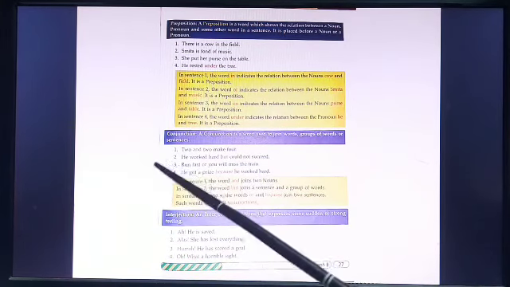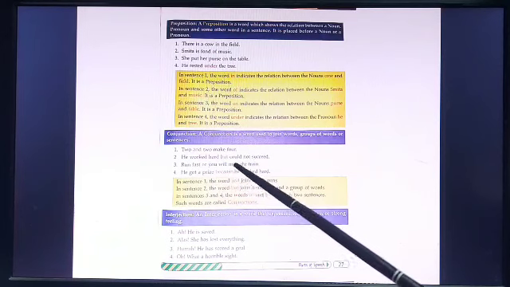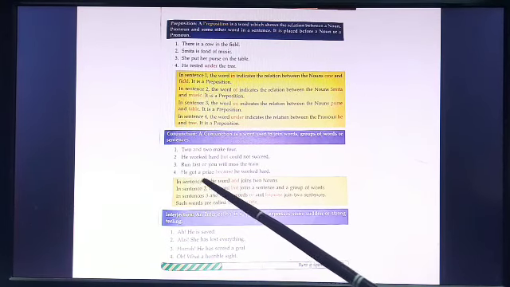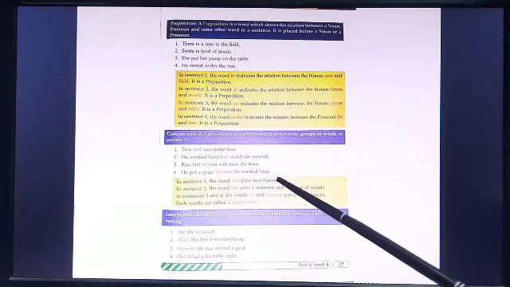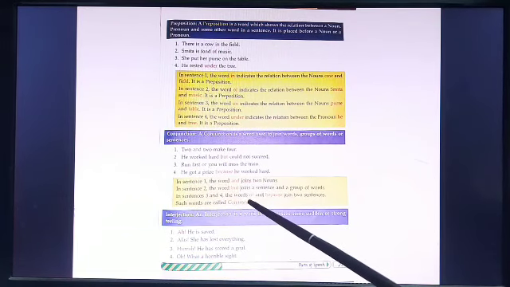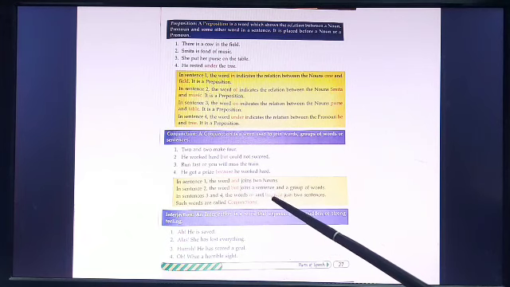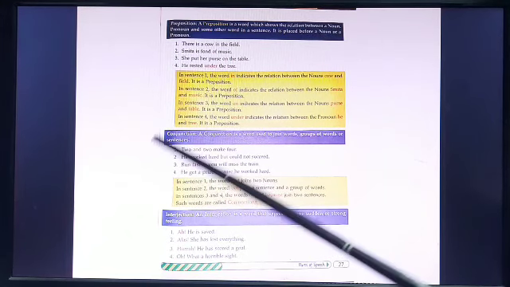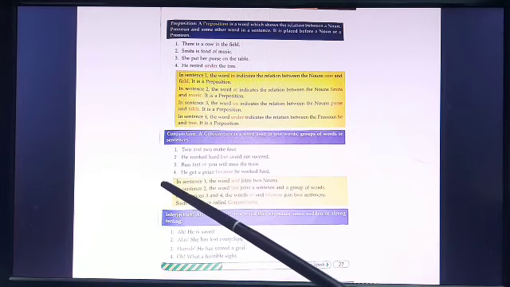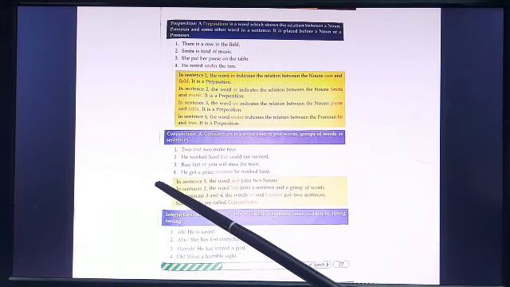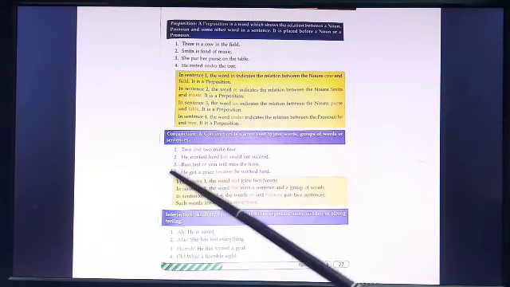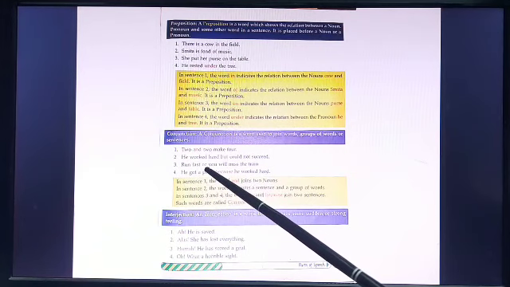Number 3, run fast or you will miss the train. Number 4, he got a prize because he worked hard. Here in sentences 3 and 4, the words or and because join two sentences. Run fast can be one sentence. You will miss the train can be taken as another sentence. So these are two separate sentences made into one with the help of a conjunction called or.